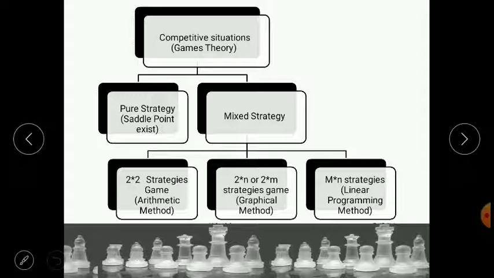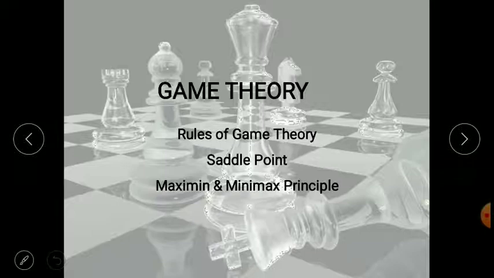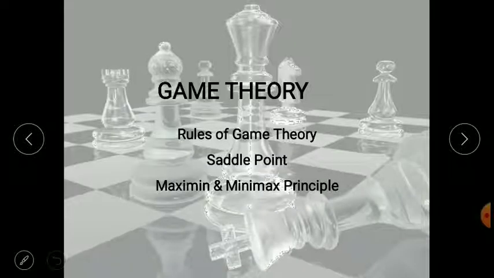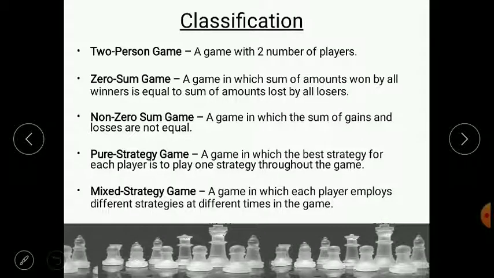So in today's lecture we'll be learning about the rules of game theory, saddle point, that is the pure strategy, and also about the maximin and minimax principle, right? Again, under the classification of game theory, we discussed the two-person game, zero-sum game, non-zero sum game, and pure strategy game. A pure strategy is a game in which the best strategy for each player is to play one strategy throughout the game.